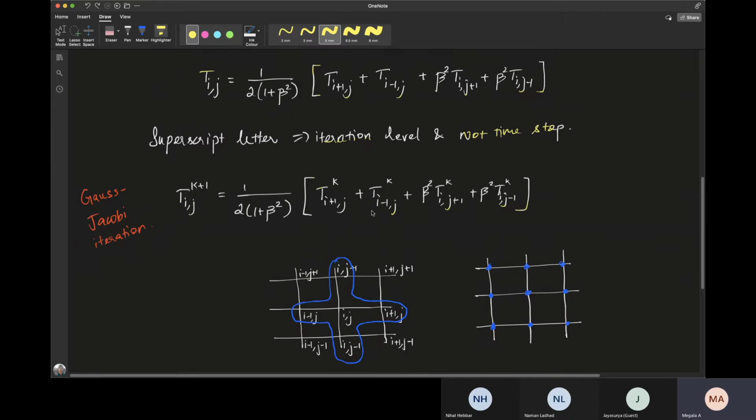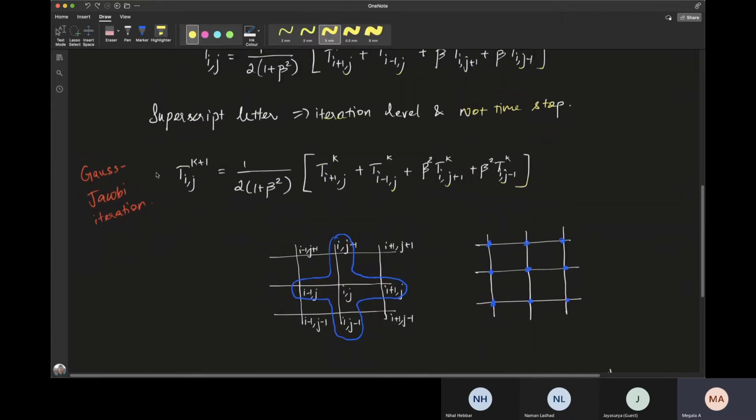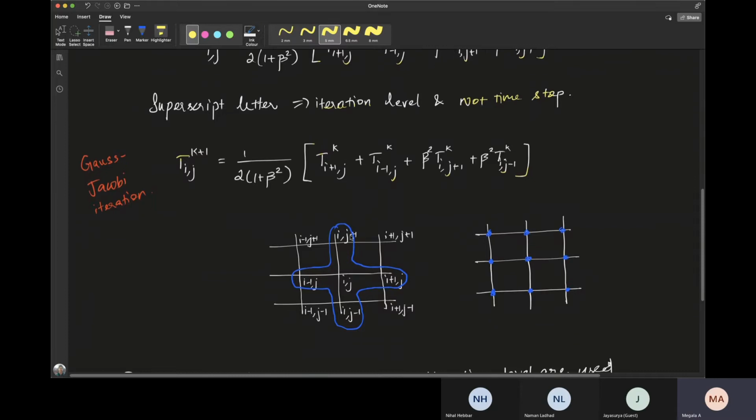So can we make an improvement over this iteration? Because here, to find the value of the variable at the point i comma j, we use the value of the same variable at 4 different points.